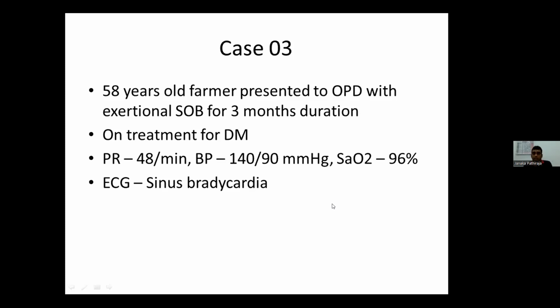It is sinus bradycardia, and there is no other evidence of significant conduction tissue problems on the ECG. So no need to admit this patient. You can plan out the investigations and send the patient home, then review with the investigation results.